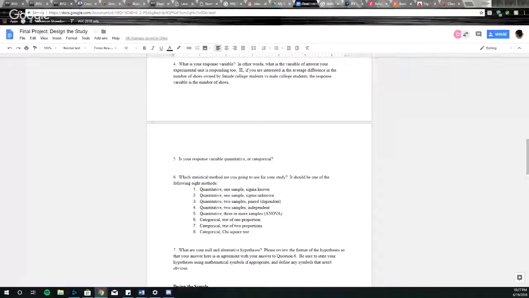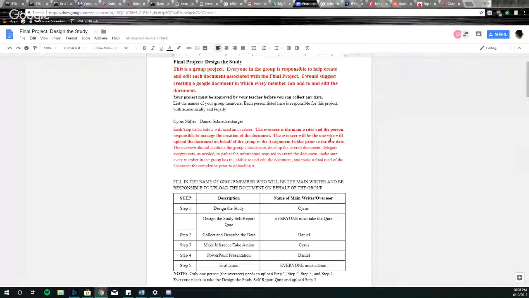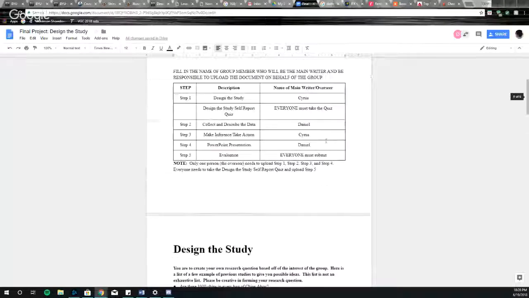We need to get it up. I think there is no due date for the design that I'm seeing. You can check this too. I'm just going through the lessons and the assignments. But we have to get it approved. It says on here that we have to get it approved, but it doesn't say when.